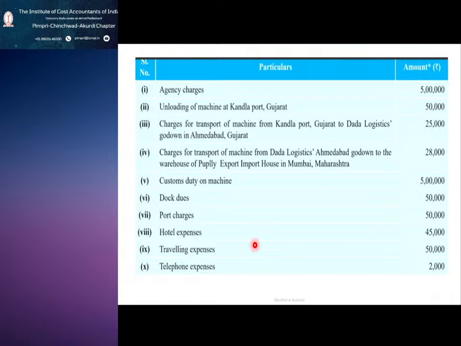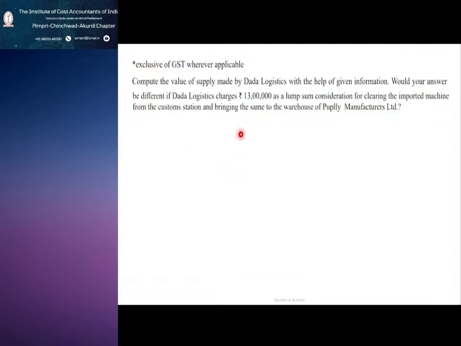So you should not show this customs duty, dock dues, port and unloading and the charges of transport and all, because these are reimbursement expenses which the pure agent pays to the authorities on our behalf. Only his income and other expenses are his taxable value of supply.